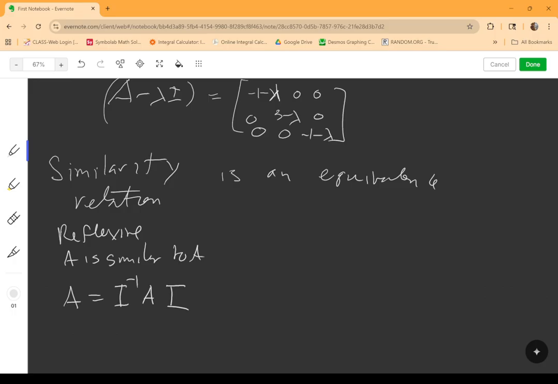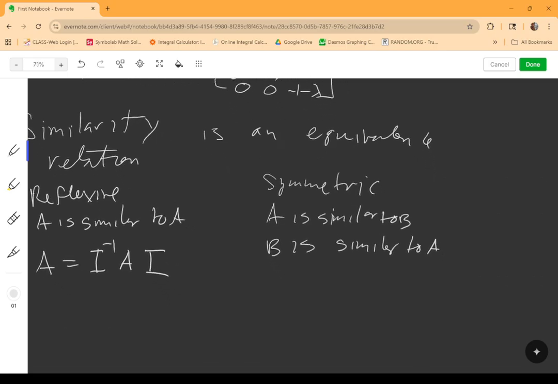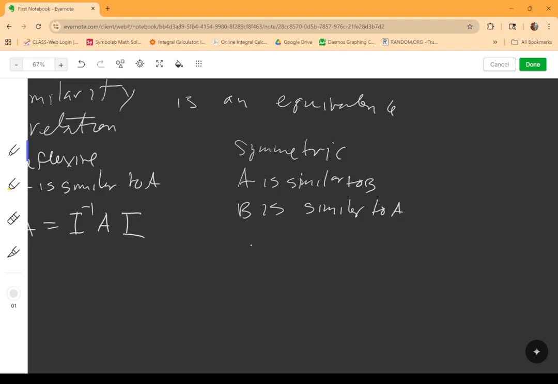It is symmetric, so if A is similar to B, then B is similar to A. We can see that because if A is similar to B, then we have this relationship.